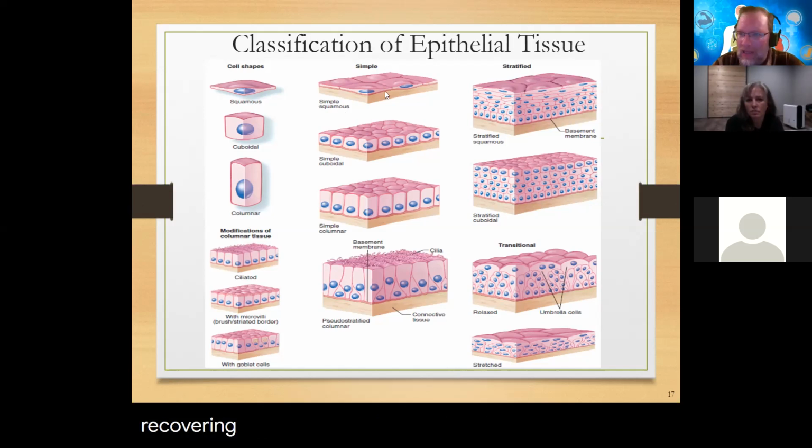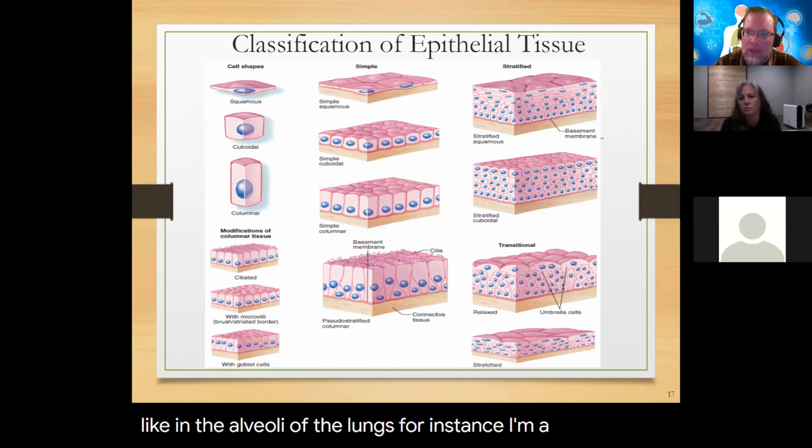Is one flat layer of cells going to be beneficial if I'm trying to protect underlying anything? Probably not. So we're not going to see simple squamous in a protection spot. We usually only really see it when we're dealing with gas exchange. When I need rapid diffusion of gases to occur, like in the alveoli of the lungs, for instance, I'm going to see simple squamous epithelium.